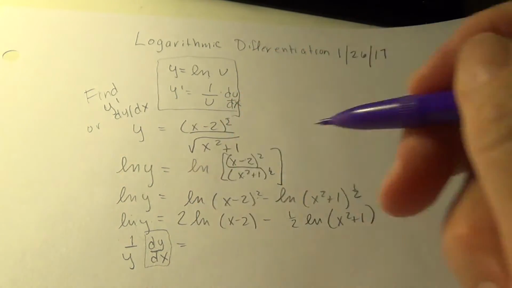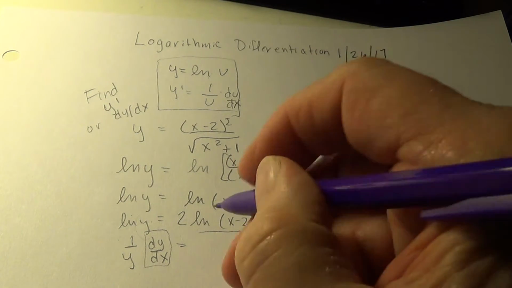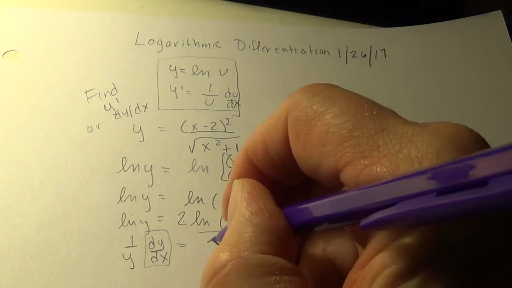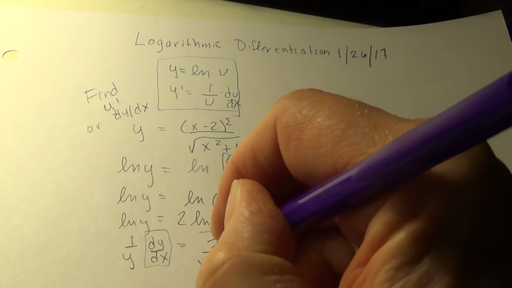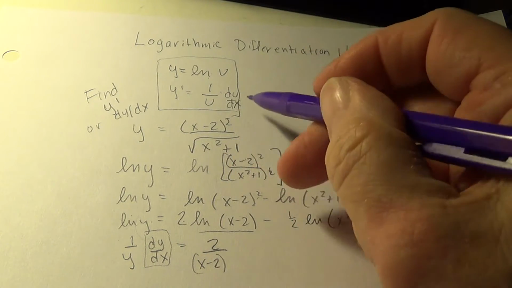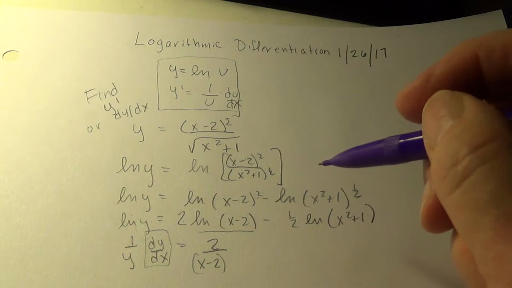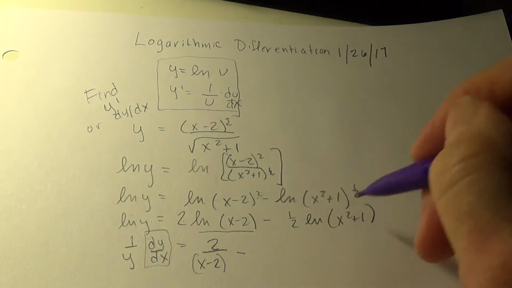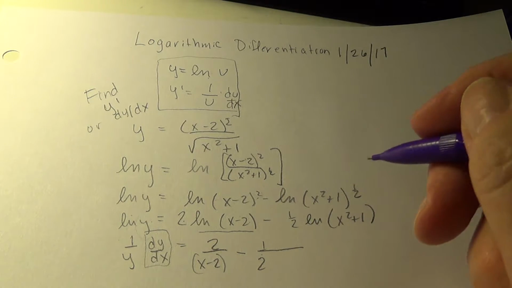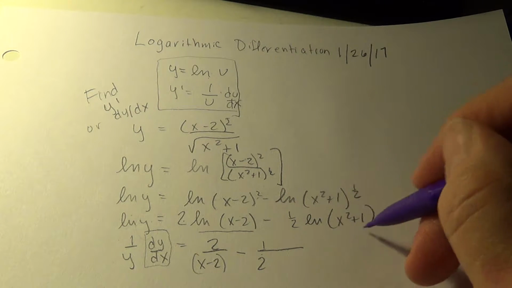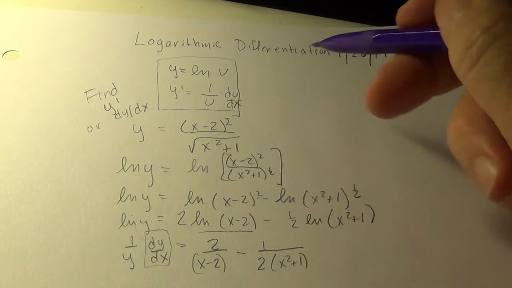I continue implicitly differentiating. So the derivative of this I've learned recently. The 2 remains, and we have 1 over u, and du dx is just the derivative of that, and it's 1, so I don't have to write anything. Over here I get 1/2, and in the denominator along with it I get 1 over my u expression. This time I do have a du dx.